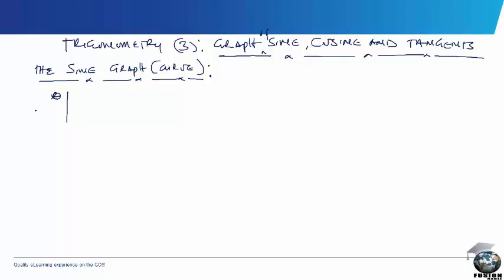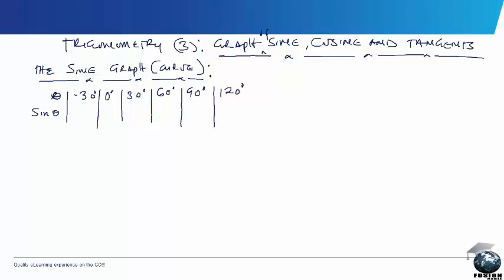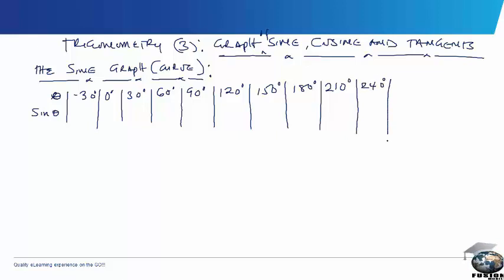We have 30 degrees, 0, 30 again, 60, 90, 120 degrees, 150 degrees, 180, 210, 240, 270, and then 300 degrees.